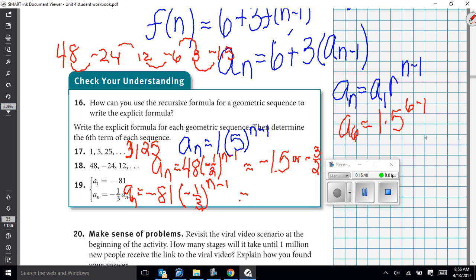I heard positive 1/3. All right. We've got lots of confirmation.